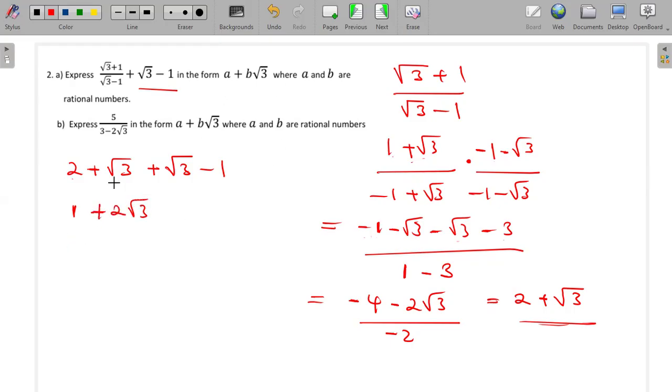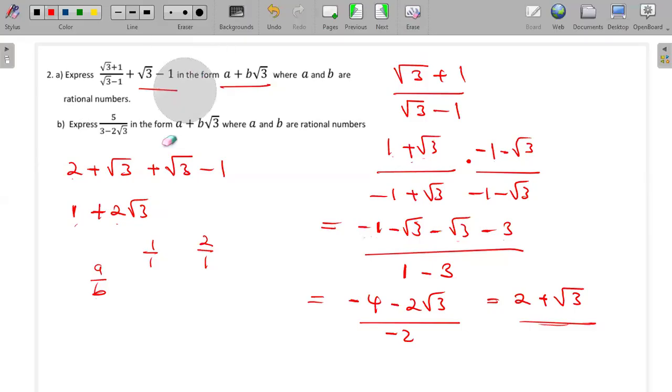So you've expressed it in the form a plus b root 3, where a and b are rational numbers. 1 is a rational number, 2 is a rational number, because they can be expressed in the form a over b, where b is not equal to 0 and they are co-prime. So you can write 1 as 1 over 1, and you can write 2 as 2 over 1. So it can be expressed in that form.